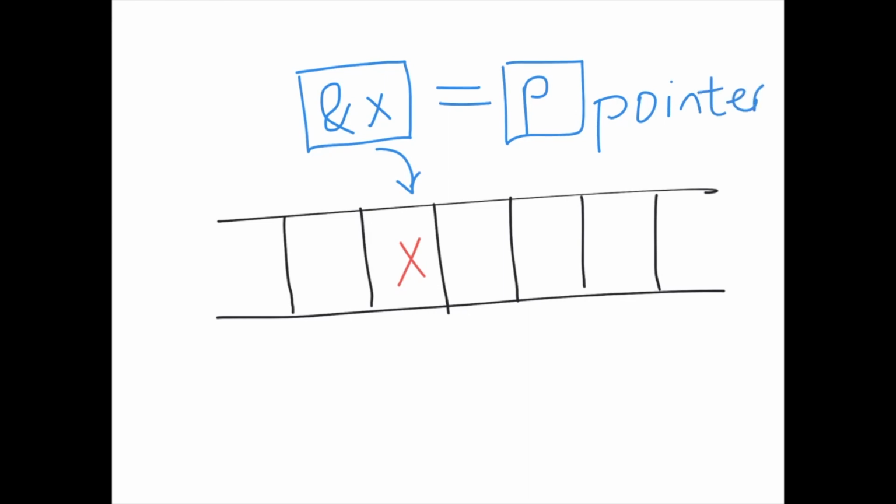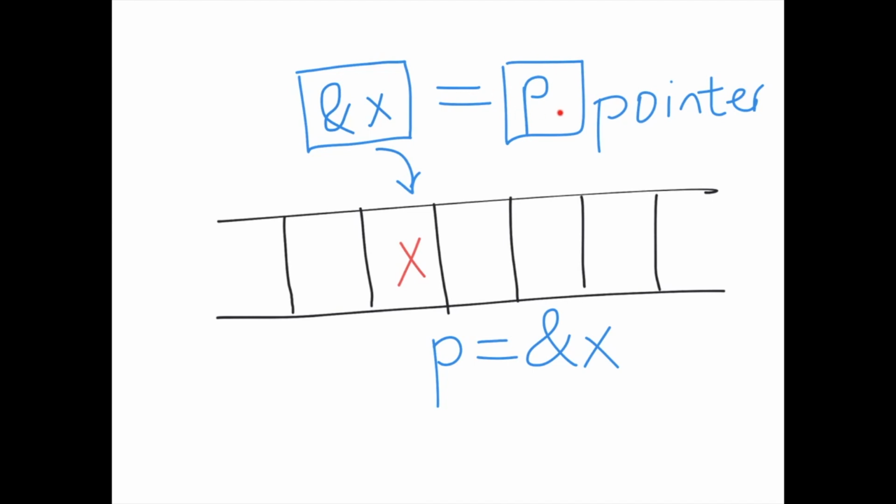And the value of this variable P is the address of another variable. That's the idea. P is the address of x, right? That's what we've said.